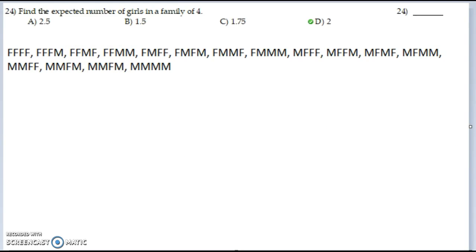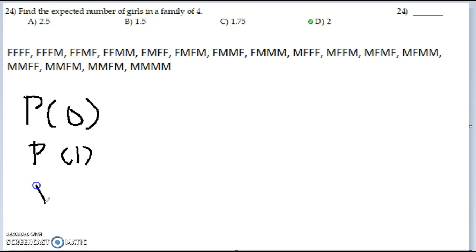Now we need to consider the probability of 0, of 1, 2, of 3, and then of 4.